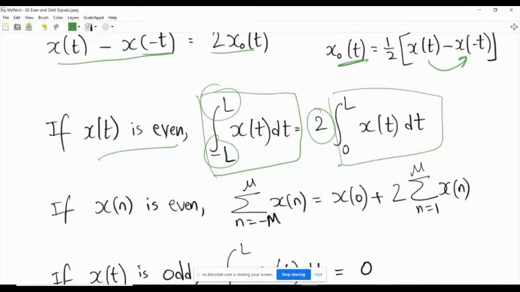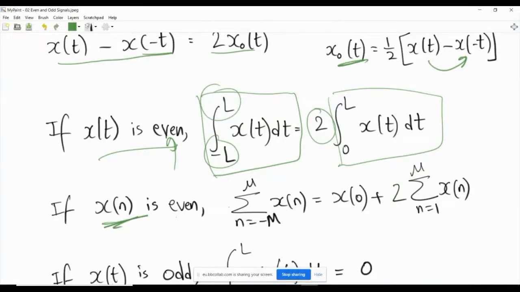Sometimes this may be more convenient than doing the integration from minus L to L. So if you are integrating an even signal from minus 7 to 7, or from minus 20 to 20, you can just integrate from 0 to L, whatever L is, and then multiply by 2. This exploits the even property to simplify an integration.